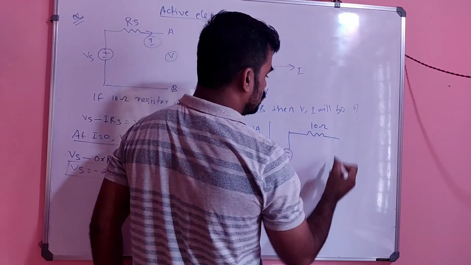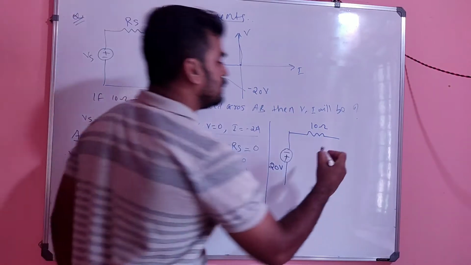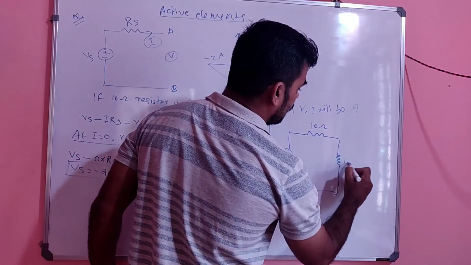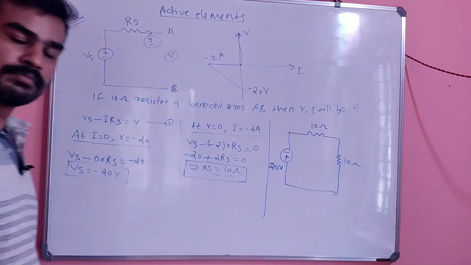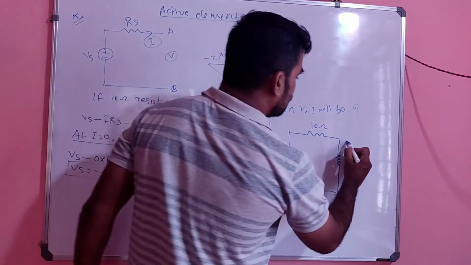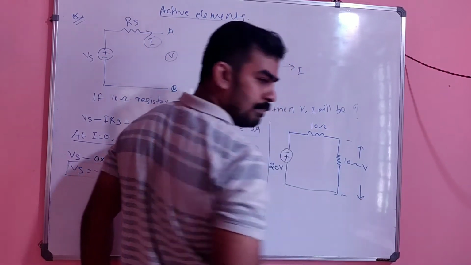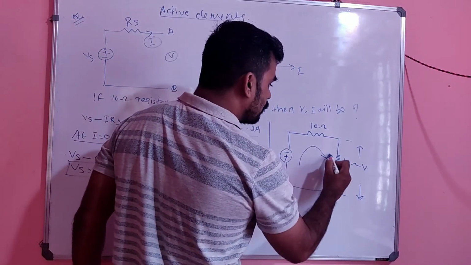So I mark that as 10 ohm, and I have to connect an external resistance of 10 ohm. Now the voltage will be V, and there will of course be a flow of current.